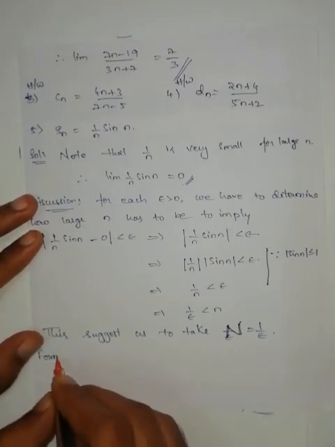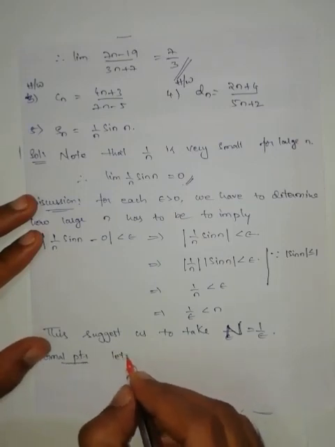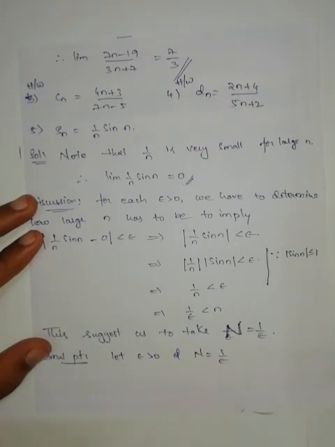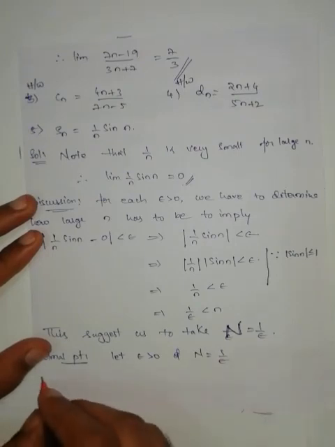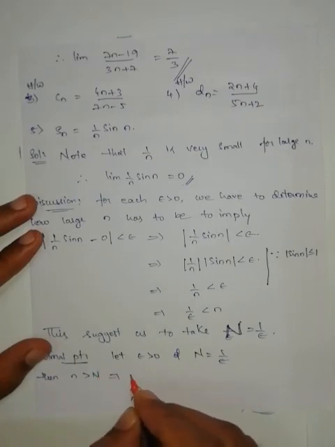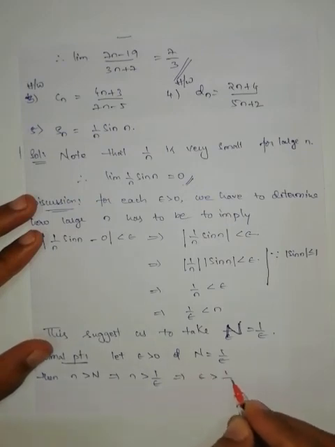Formal proof. Let epsilon greater than 0 and capital N is equal to 1 by epsilon. Then small n greater than capital N implies small n is greater than 1 by epsilon. Cross multiply, epsilon is greater than 1 by n.